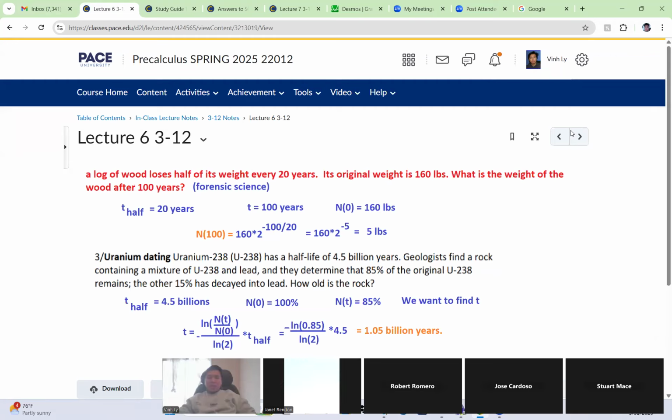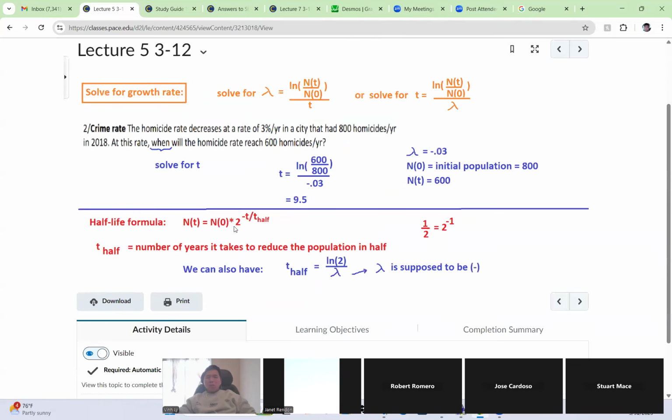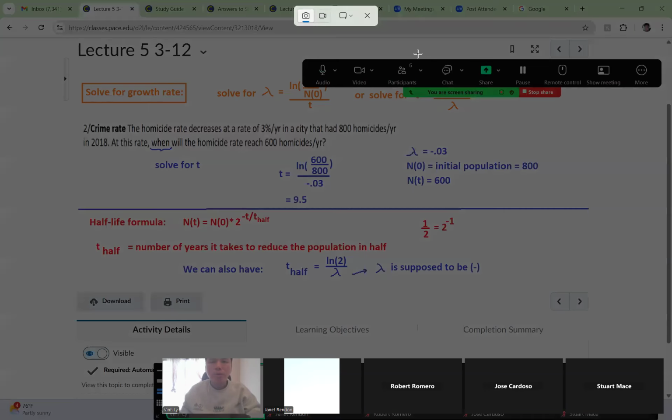It wouldn't be that bad on the exam. For the half-life, I used lambda, but for some reason we're using k to represent the increase or decrease. In terms of the half-life, this one is supposed to be negative. I would recommend you look back at lecture 5 on March 12th. It's very important to figure out. Okay, just to let you know.